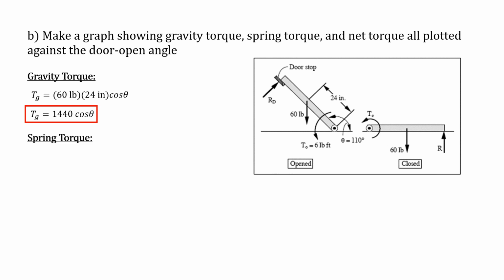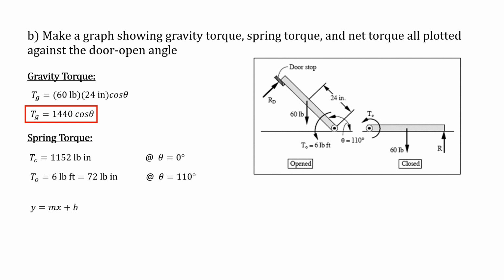So moving on forward for the spring torque, we know that our torque closed at 0 degrees is 1152. And we know that our torque open is 72 pound-inches, and that's at 110. So here, essentially, what it gives us is intersection points on a graph.